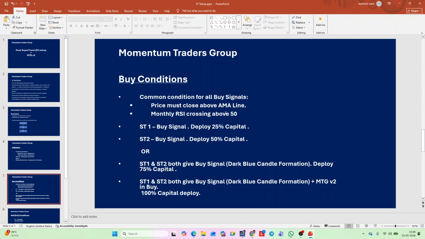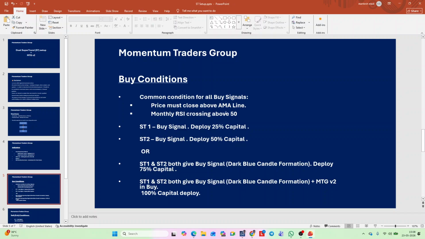So just go ahead and buy 25,000 rupees of shares. Maybe the next day or after 1 or 2 days, when the second super trend also gives you a buy signal, add another 50%, which is another 50,000. So now you are deployed with 75,000 capital. That's how you can add your capital in tranches.